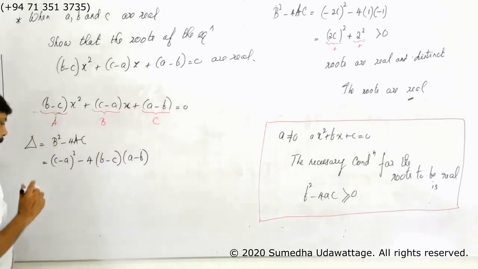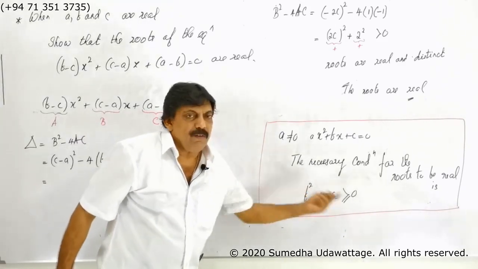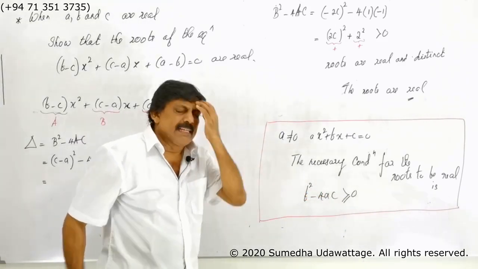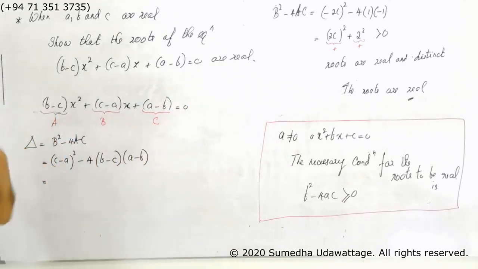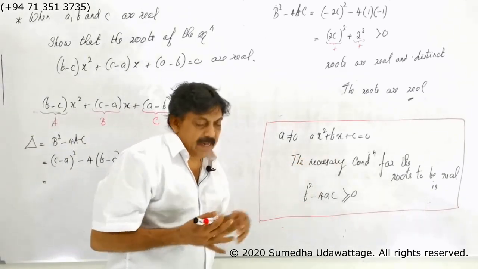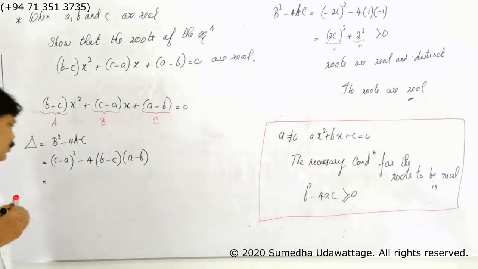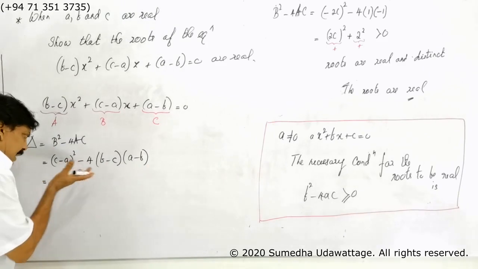Now we have to show that the discriminant is larger than or equal to 0. When the discriminant is larger than or equal to 0, the roots become real. The necessary condition for the roots to be real is that b square minus 4ac is larger than or equal to 0. We'll try to see what happens to this.